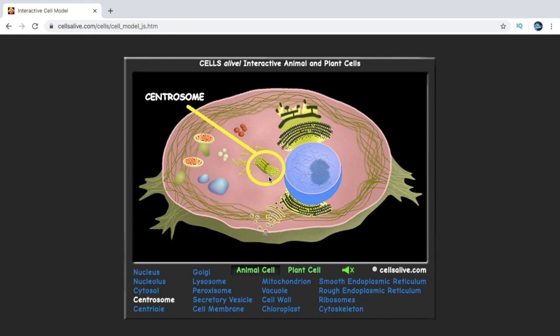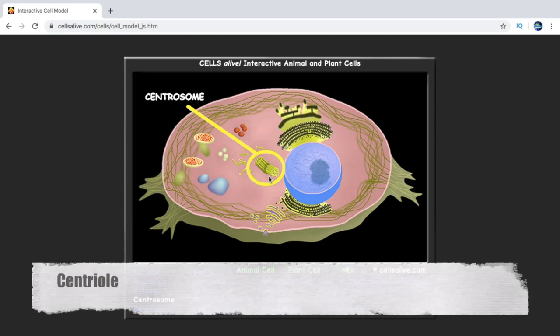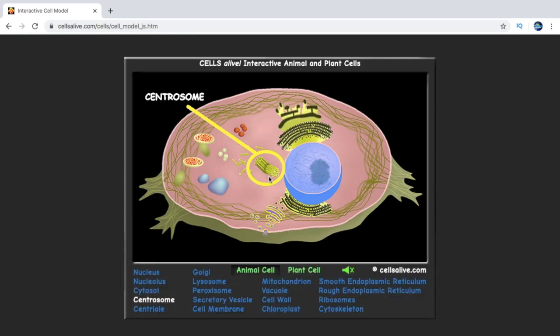Ang centrosome po ang nagiging source ng ating centriole. Okay, centriole. Ang centriole po ay napaka-importante sa cellular division kung saan hinahati-hati yung cytoplasm, yung mga laman ng ating cell, no? Especially if we are going through cellular division, we are going through reproduction. Okay, so that's your centrosome.